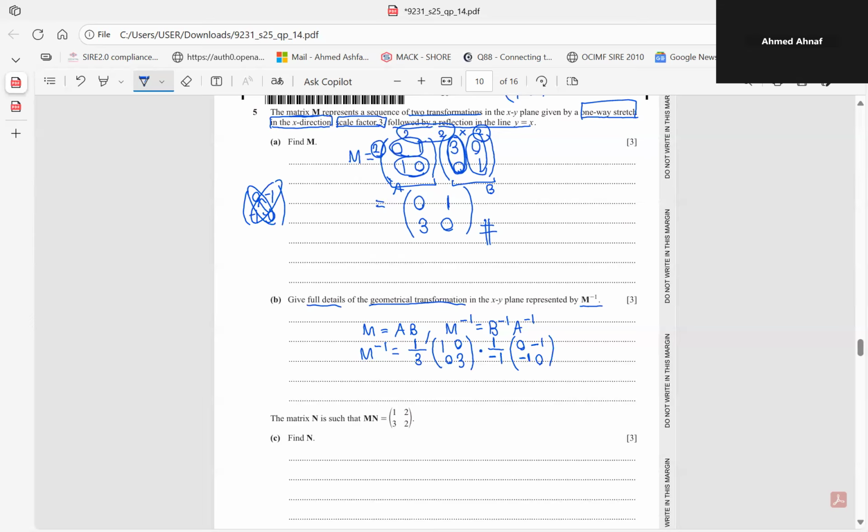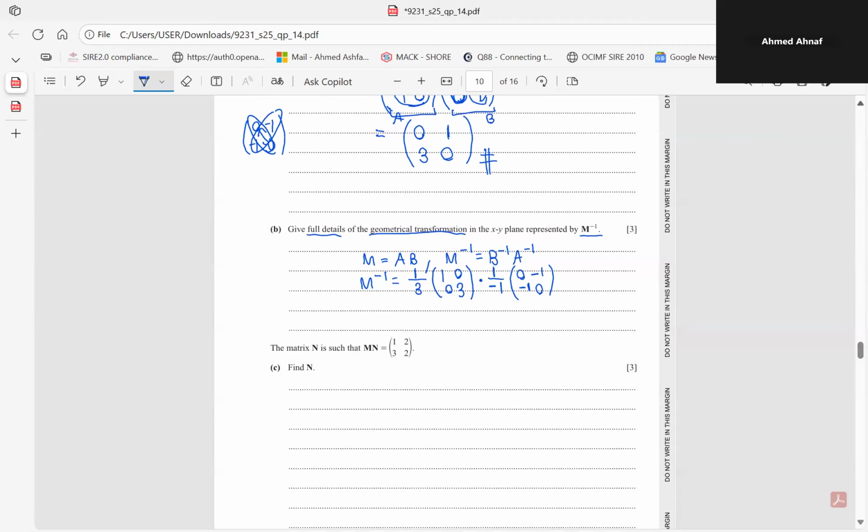So 1, 1. Okay, now let's find the final matrices. Just multiply 1/3 by every element in this matrix. So this is 1/3, 0, 0, 1. This is 1 over minus 1, that's minus 1. So just multiply by minus 1. So you get 0, 1, 1, 0.